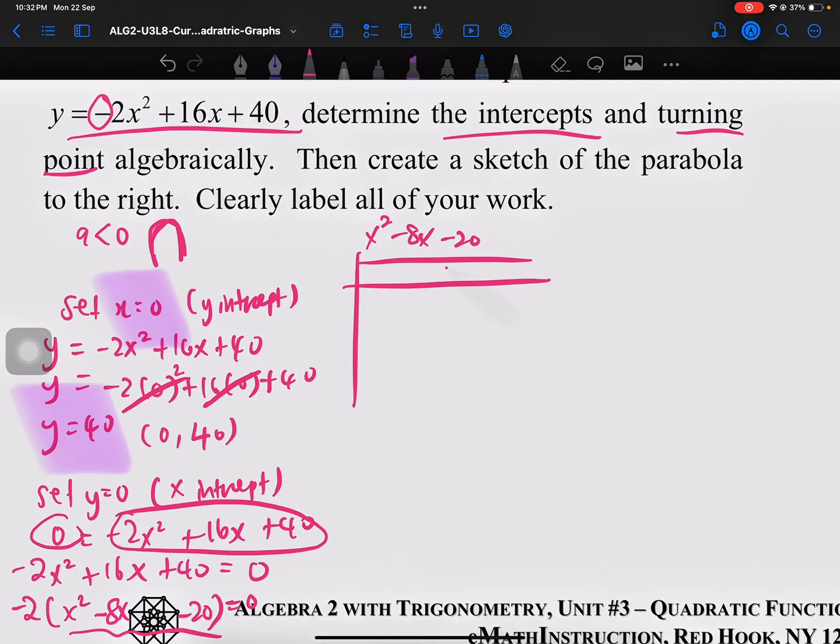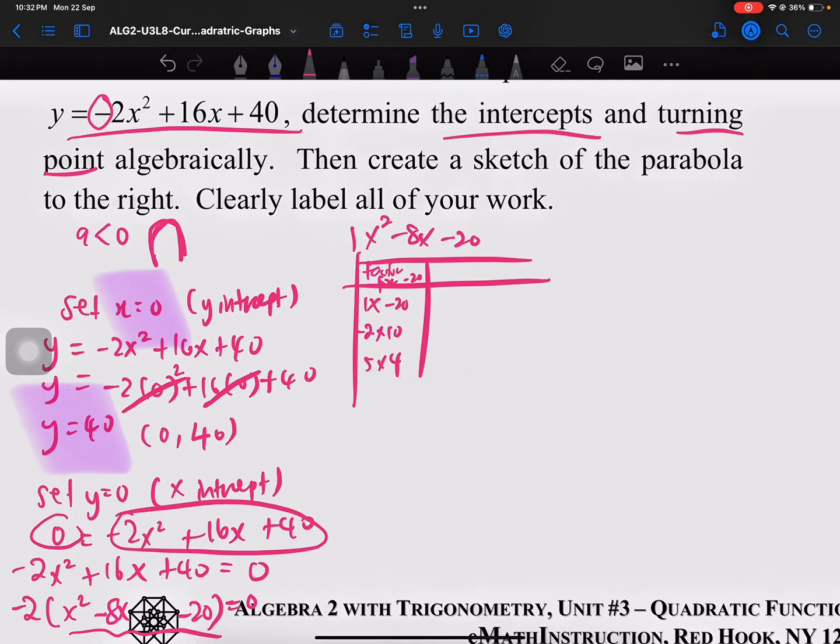So use the factors of -20. The a is 1, so very easy. Factors of -20 are 1 times -20, 2 times 10, and 5 times 4.